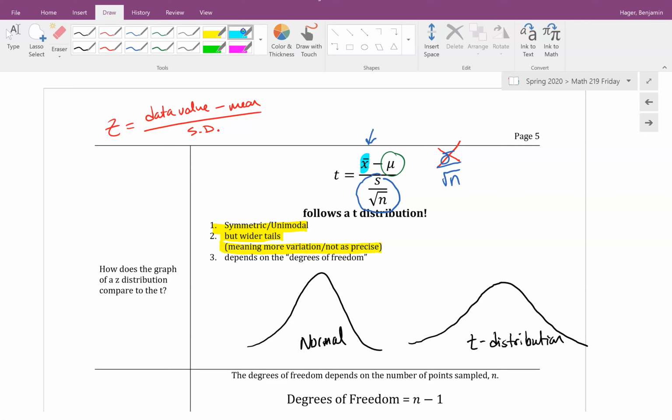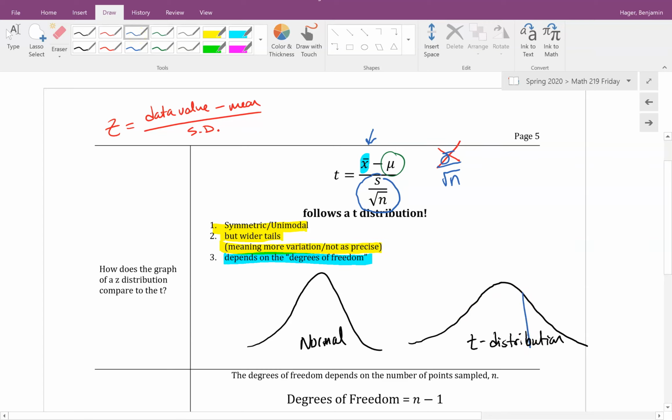Another thing that's different is we'll learn that this curve is based on what we call the degrees of freedom, which is really tied to the sample size. The sample size is what's going to determine how wide this curve is. When it comes to finding probability, it's not hard.